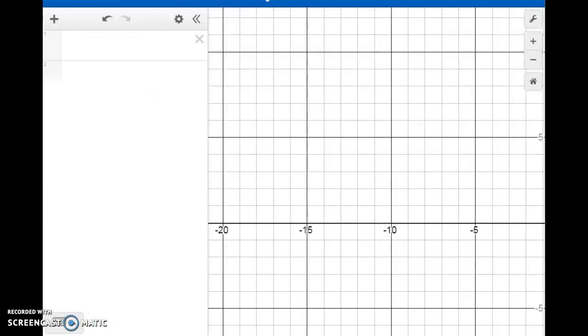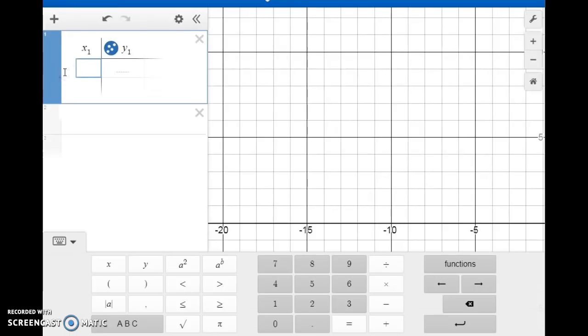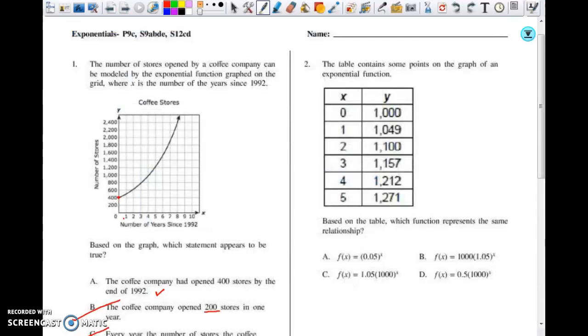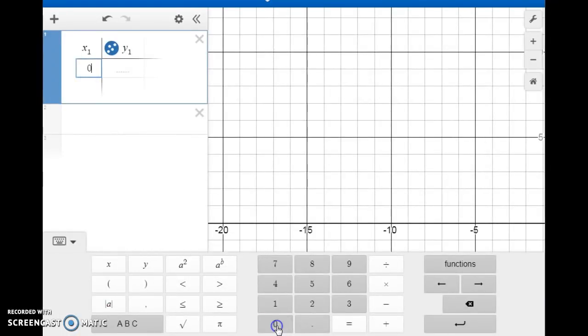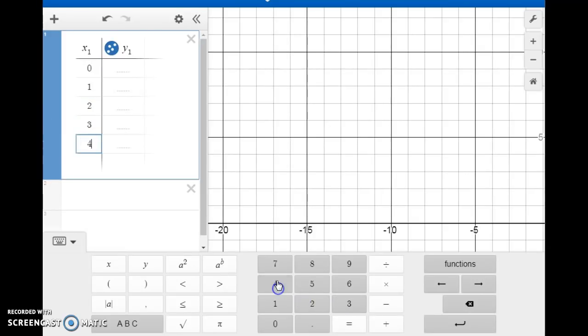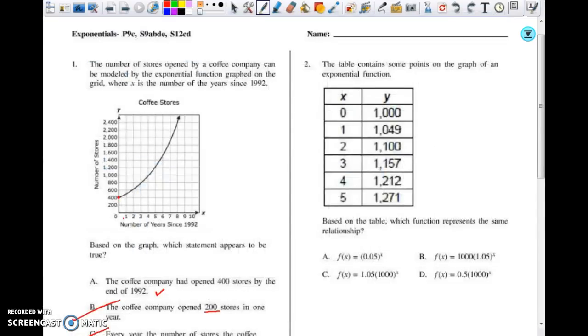So you'll go here, you add the table, and you'll put in all your x's, 0, 1, 2, 3, 4, 5, and then you'll put in all your y's. Y is 1,000, 1,049, 1,100, 1,157. So you'll put all those in.